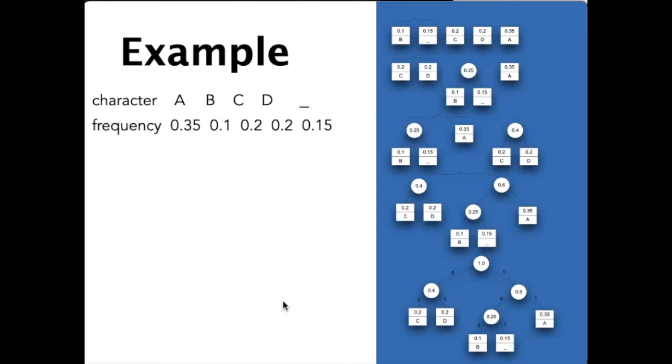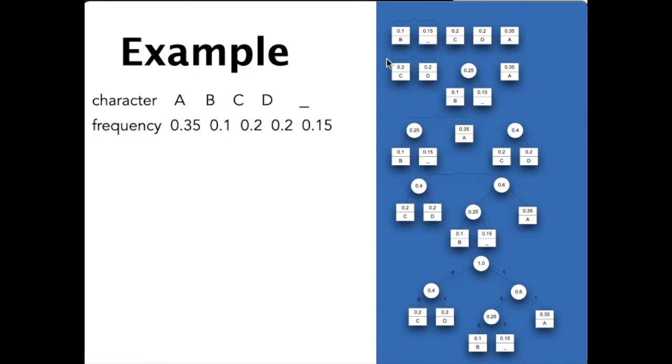So we can see here in this example that we can have an internal node 0.25 with B and space here as the children, and we also have individual nodes separated.